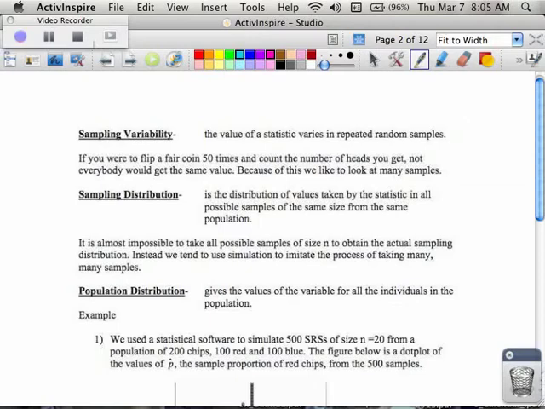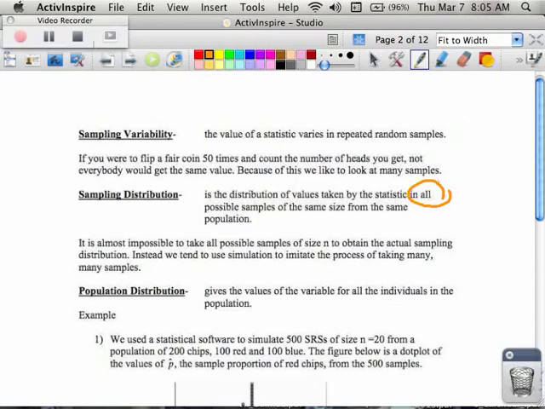So let's circle that. All possible samples of the same size from the population. It's almost impossible to take all the possible samples, of course, of some size n. Instead, we use simulations to take many different samples.